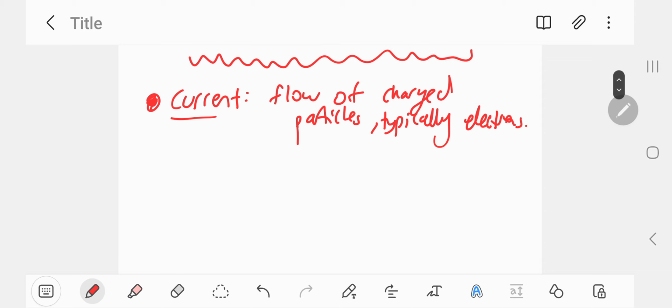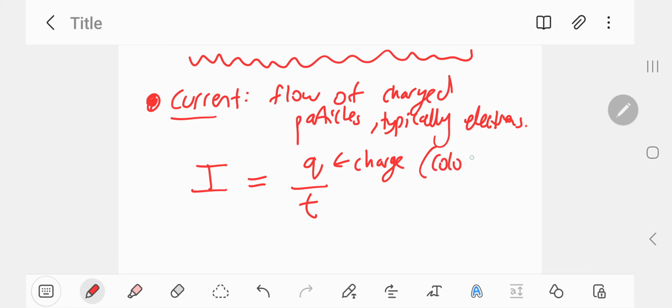So here's the formula for current, I for current in physics. Current is defined as the amount of charge, Q, passing in a certain time, T. So Q divided by T. Q is charge measured in coulombs, units of coulomb, capital C. And time T, measured in seconds.